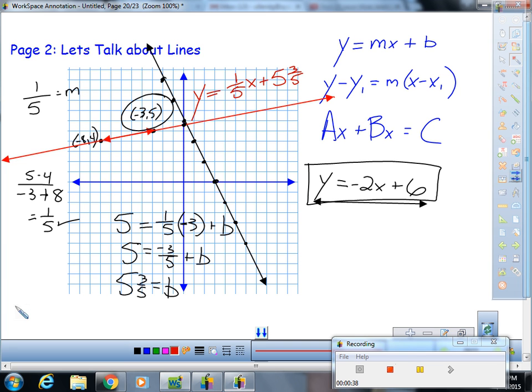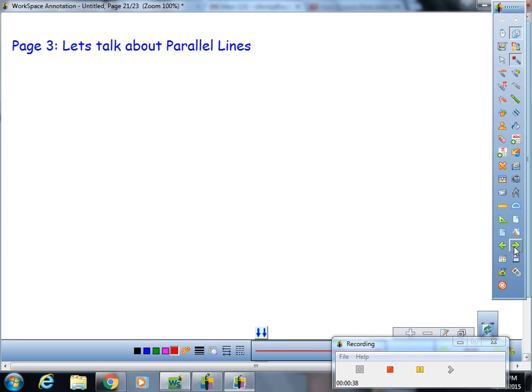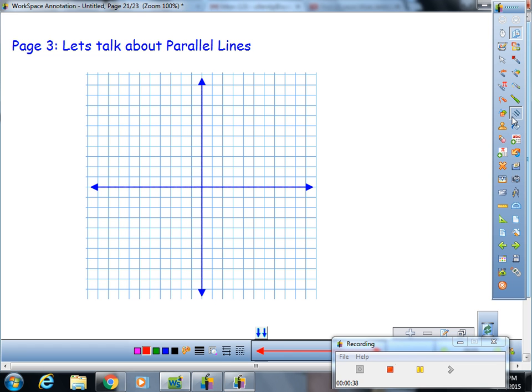Moving on. Now let's talk about parallel lines. Okay, how about that line?